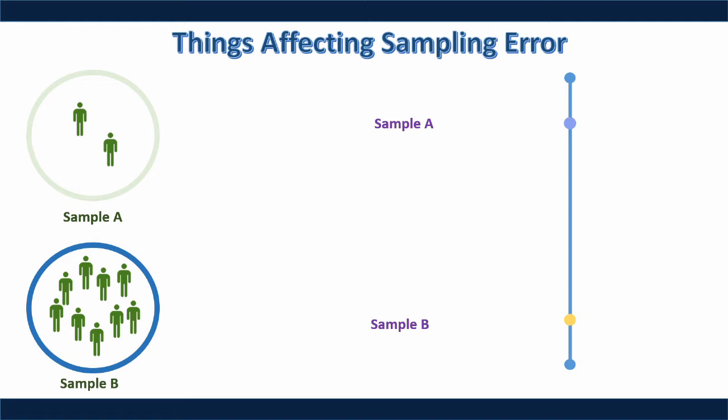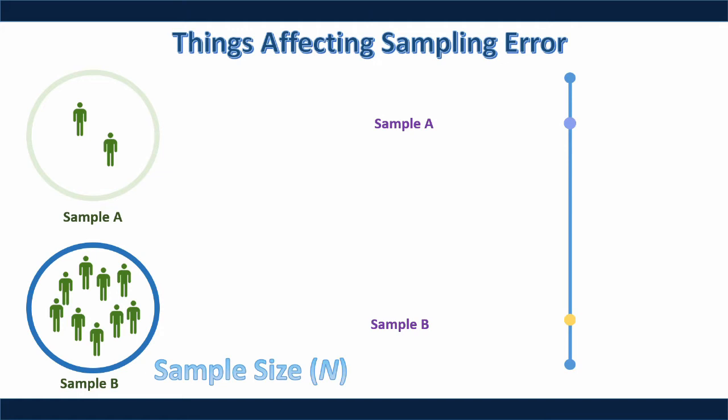Which sample's mean would be a better approximation of mu? If you said sample B, you'd be right. In fact, as the sample size moves towards the number of cases in the population, sampling error is reduced. Therefore, sample size is a factor that affects sampling error.